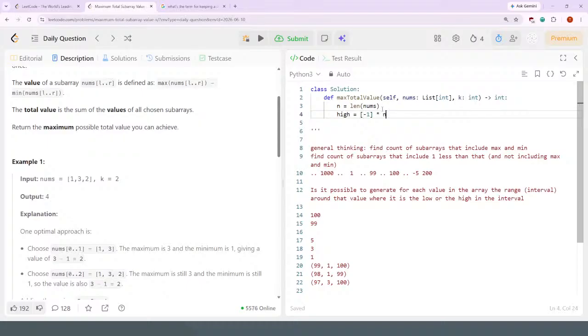Let's just do it times -1 times n for now. So for high interval, if I have a monotonic stack that is increasing, 199, 100.